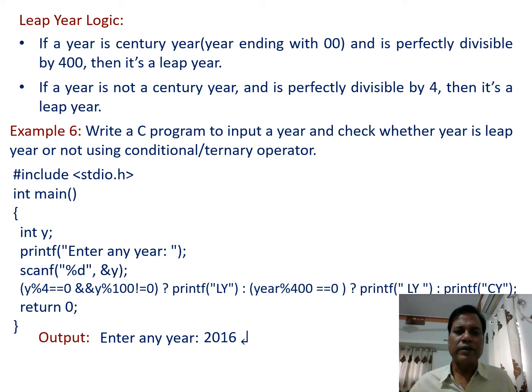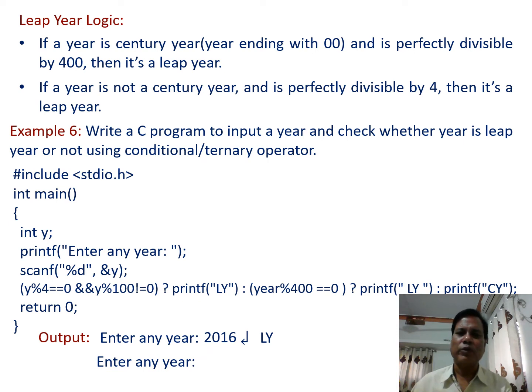The second condition is y modulo 4. Divide this number by 4 and we get the remainder 0. So both conditions are true. Naturally the output of AND is true. So expression 1 is true, which means expression 2, the true part, is executed and we print leap year. Naturally 2016 is a leap year.